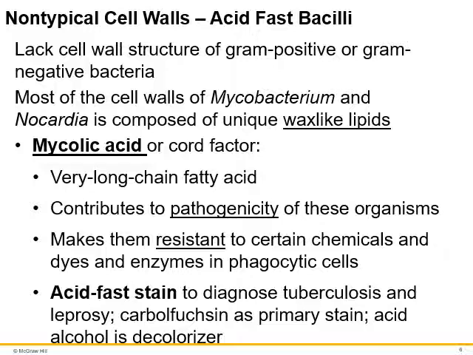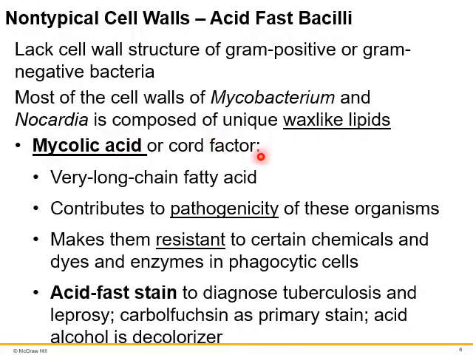Now, if I'm gram-positive, but I have a waxy layer on top of my peptidoglycan layer, I can be what they call an acid-fast bacillus. On top of my peptidoglycan layer, I have this unusual waxy lipid called mycolic acid.